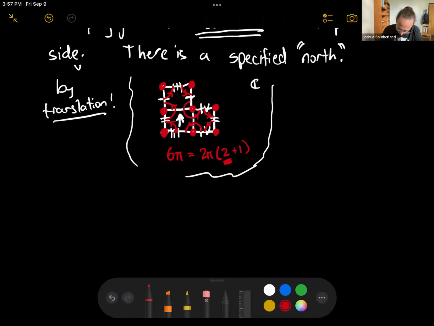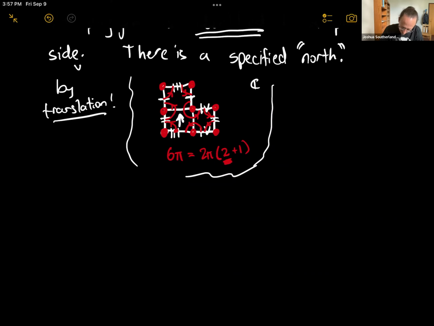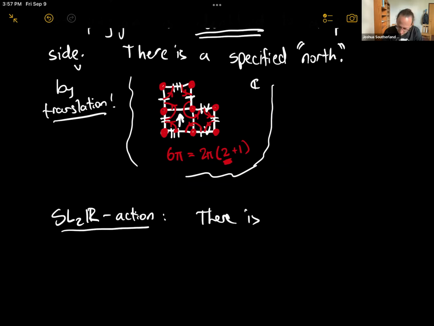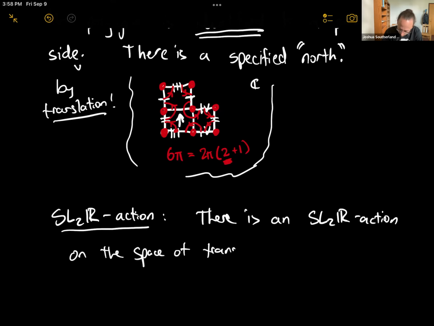Okay, so let me introduce an SL2R action. There is an SL2R action on the space of translation surfaces.